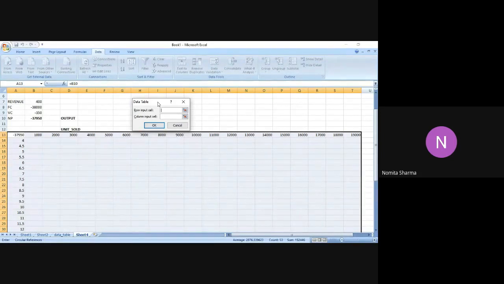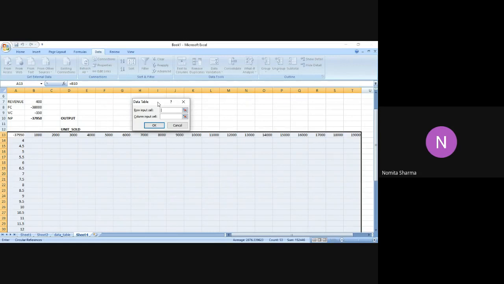So the data table, if you see, will give you this pop-up window with the two inputs. Remember, in the earlier one, in the goal seek, we were only giving one input, and it had another entry, which was not the input that it was taking. It was only asking us by changing, and then automatically it was setting a profit to a certain level. But in this case, it is asking us to input two values.